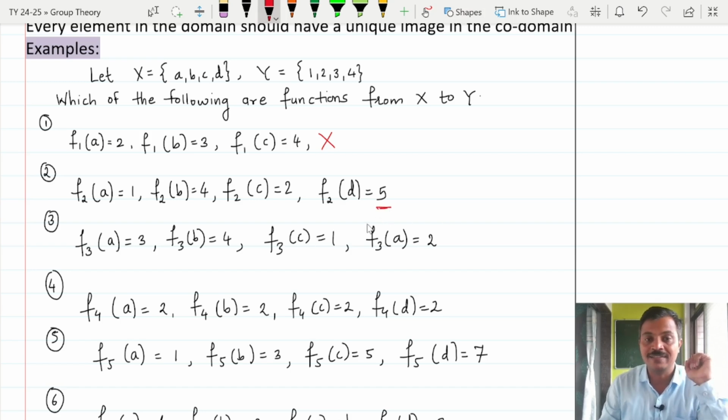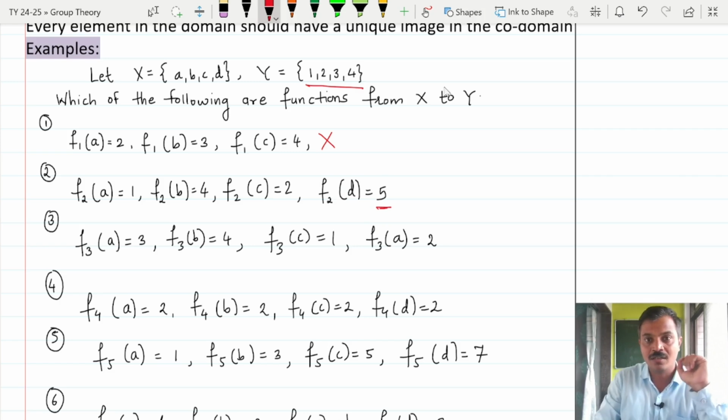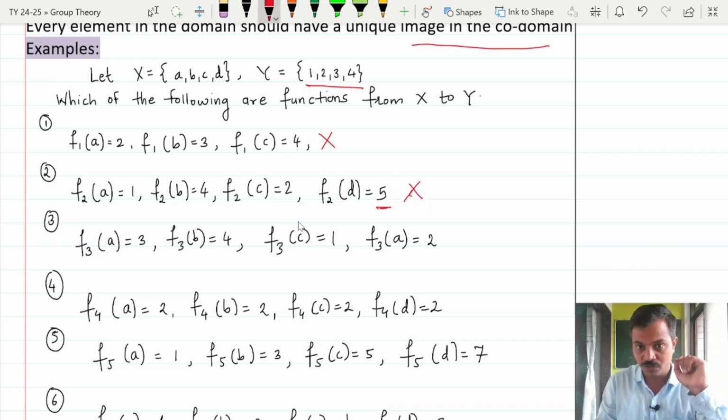No, the problem lies here. As you can see, the image of D is 5, but that 5 does not lie in the codomain, isn't it? So whatever image we have, that image should be in the codomain as well. So therefore, this is not a function.